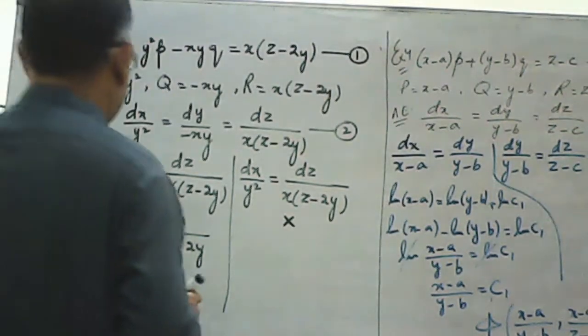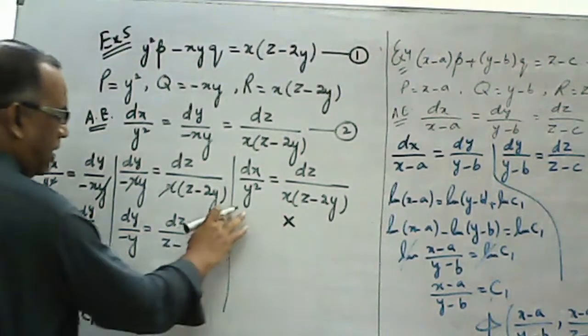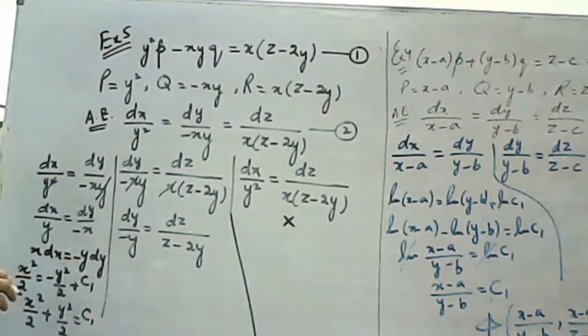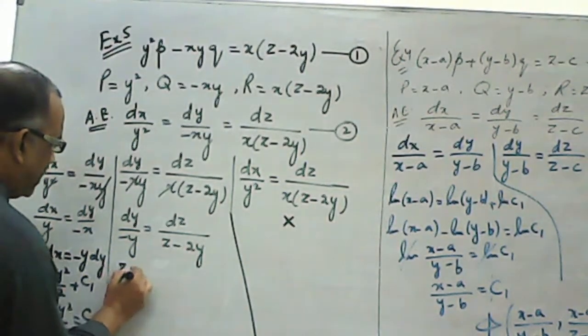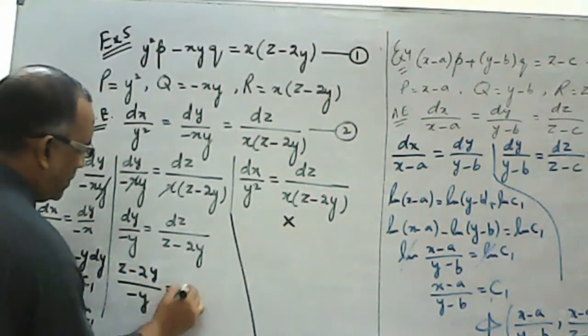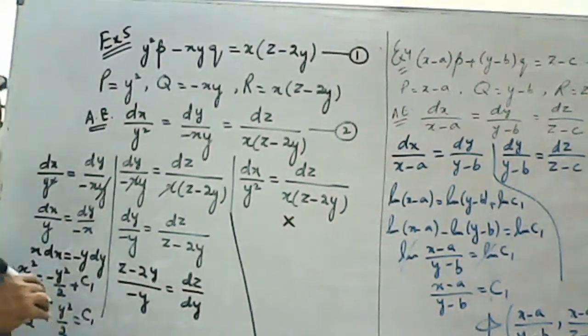Now if you look at this carefully, this is the case of linear. I can make it a linear equation. How? If I cross multiply in this way, I write dz over dy.